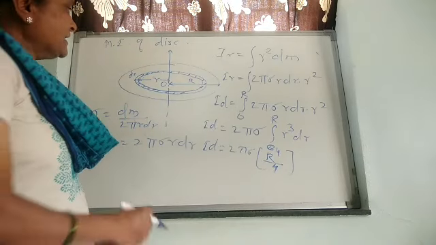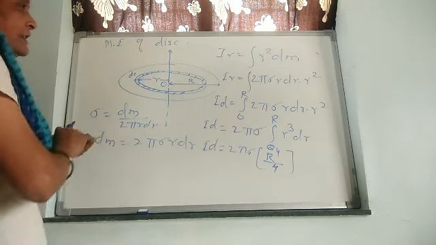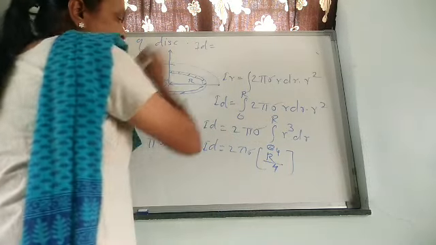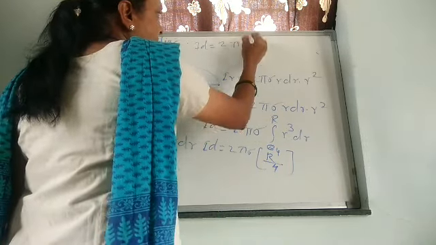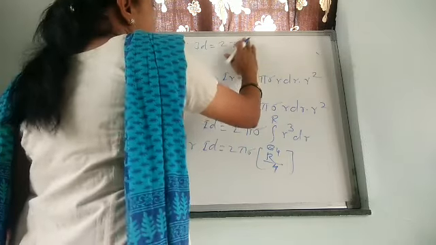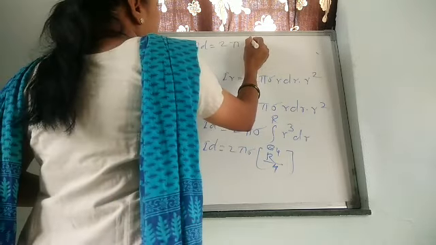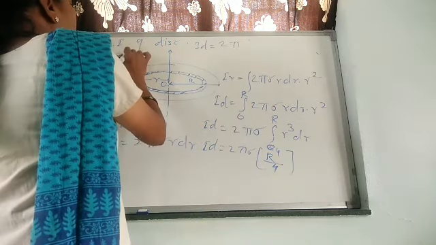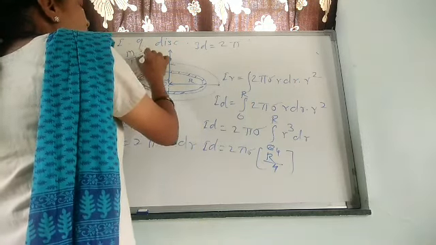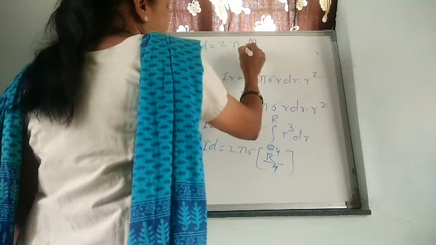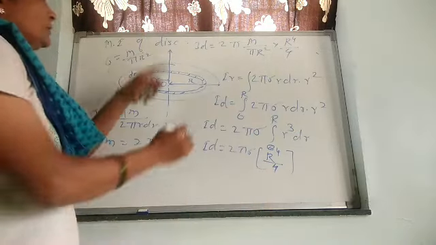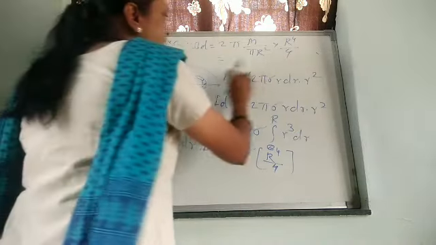Therefore I_D, that is the moment of inertia of the disk, is equal to 2 pi sigma, where sigma is mass upon pi r square, that is m upon pi r square, into r raised to 4 upon 4.